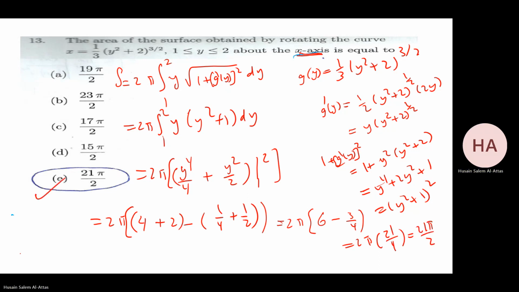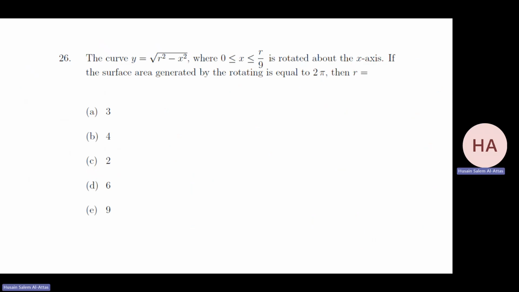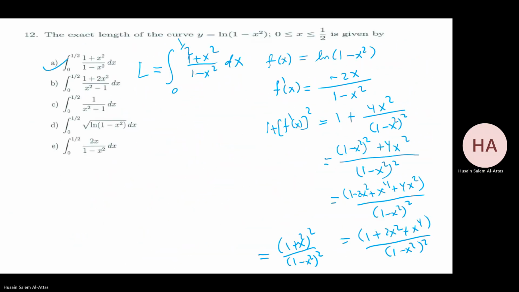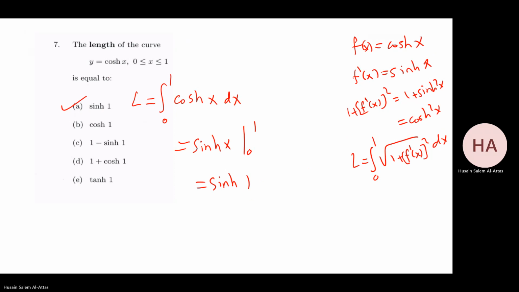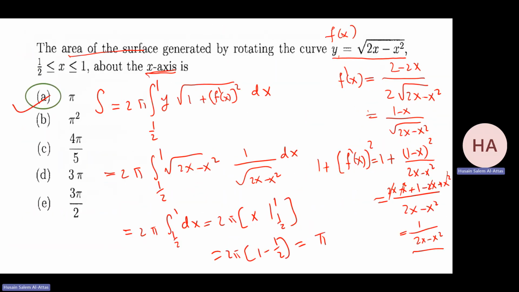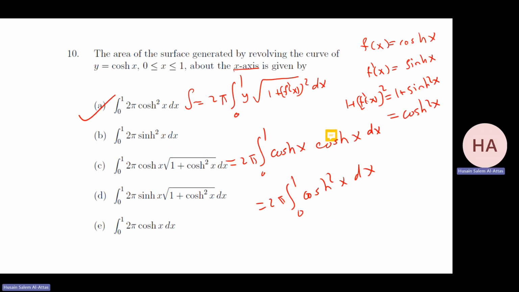Which is this? I think I'm sure I did it. Is it equal to pi or pi? I don't know, I want to be sure. So is it the same problem or another problem?